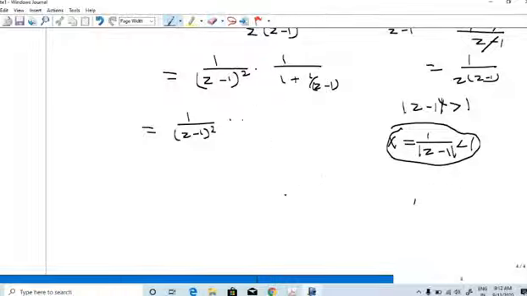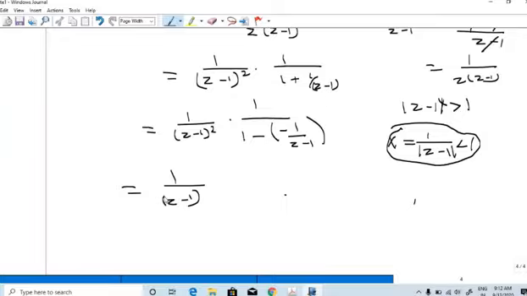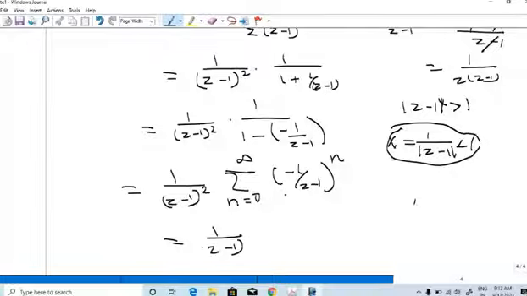So this is nothing but 1/(1 - (-1/(z-1))). Therefore this is 1/(z-1)^2 times the summation of x^n, where n equals 0 to infinity.